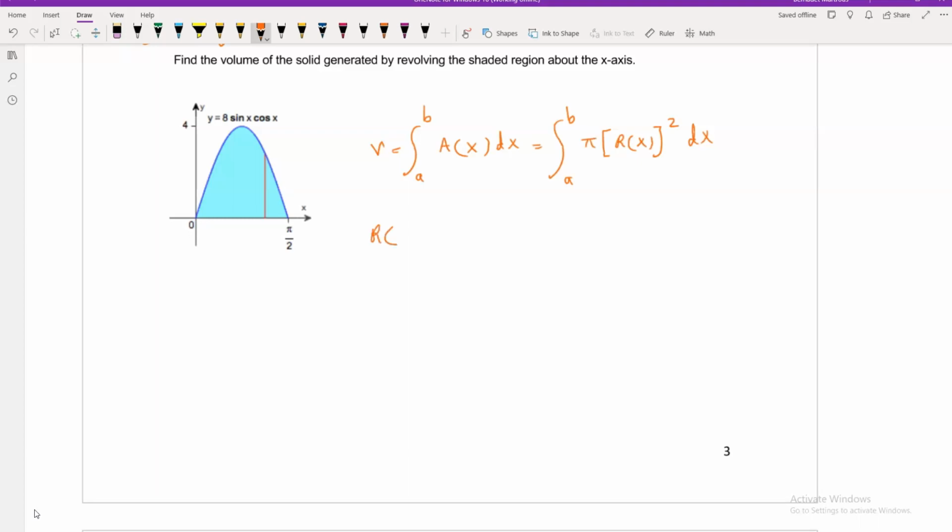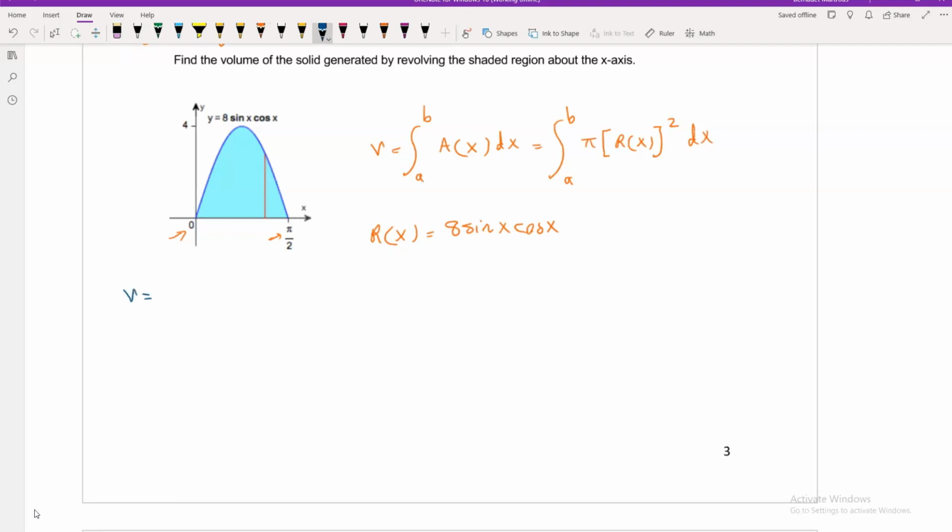In this case, the radius r(x) is equal to 8 sine x cosine x, and this is revolving about the x-axis, from 0 to pi over 2. So a is 0, b is pi over 2.